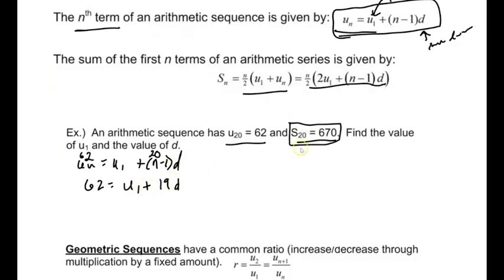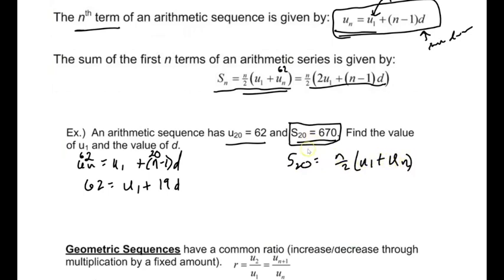Let's look at this formula. They tell me the sum of the first 20 terms is 670. I could use either formula here. In this case, I think this one would actually be the easiest one because I have 20 terms. Actually, this one's the easiest this time. S20 equals n over 2 times u1 plus un.